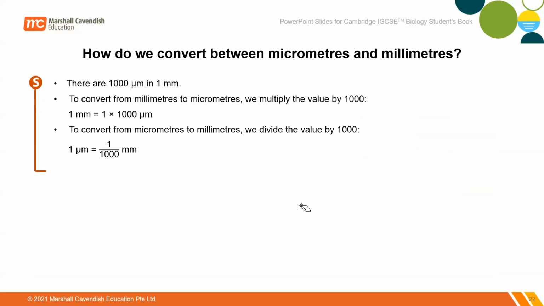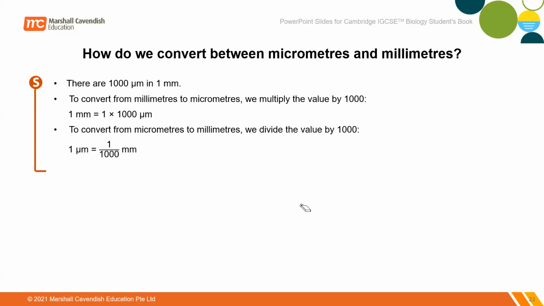The last part of this question, for all my year 9, year 10, and year 11 students, is very important: know how to convert from millimeter to micrometer. 1 millimeter equals 1,000 micrometers, because in some questions you are forced to write the answer in either micrometers or millimeters.